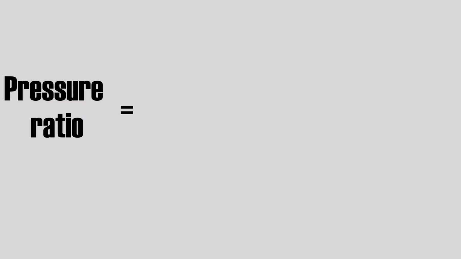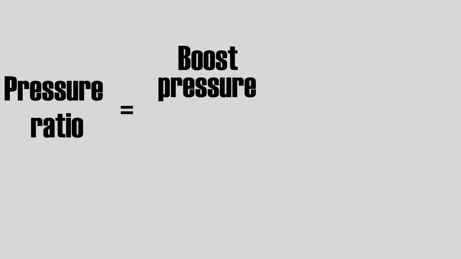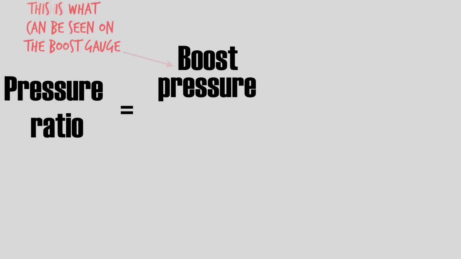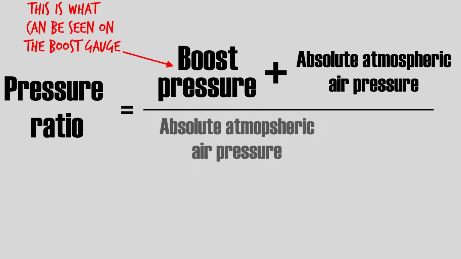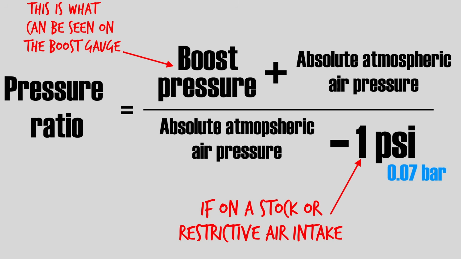Pressure ratio is calculated by adding the boost pressure of the turbocharger, which is the pressure generated by your turbocharger above atmosphere. We add this to absolute atmospheric pressure and then divide this by absolute atmospheric air pressure. If you have a completely stock intake system and air filter, then you remove 1 psi or 0.07 bar from this number.